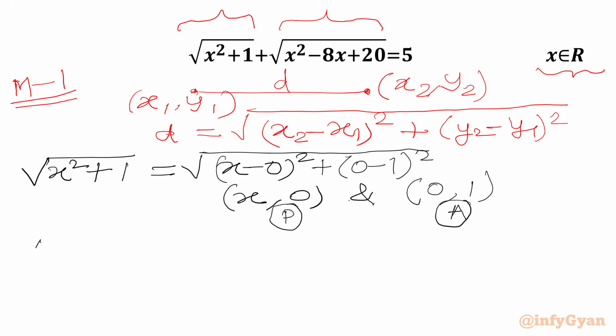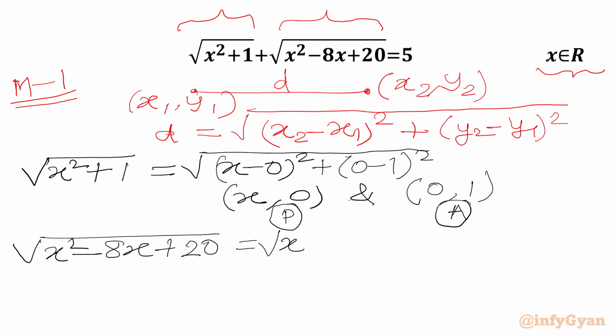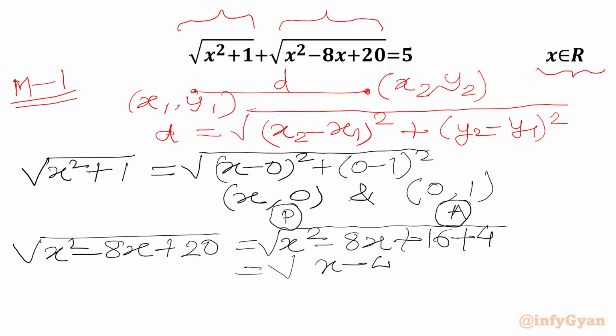Now we have another square root x square minus 8x plus 20, which we can write as square root of x square minus 8x plus 16 plus 4. Now we know that x square minus 8x plus 16 is nothing but x minus 4 whole square.